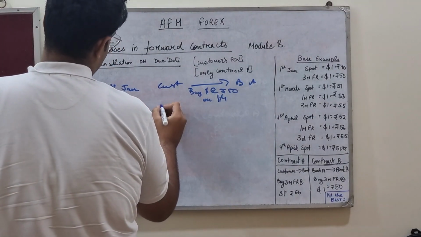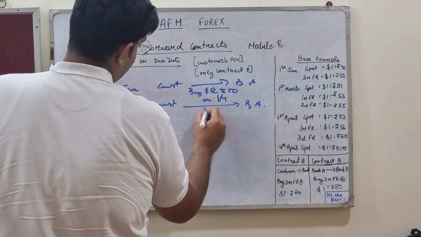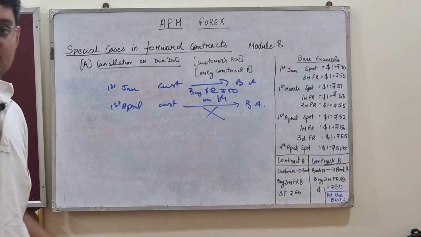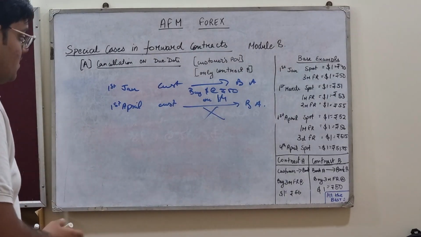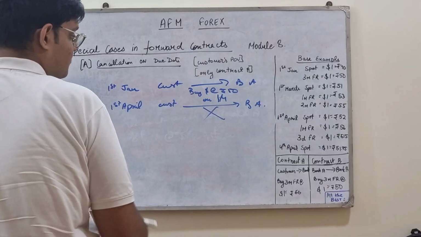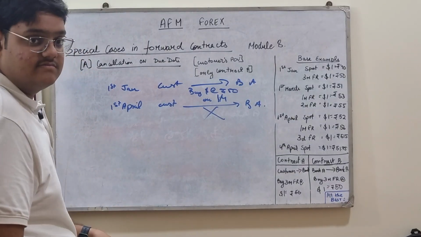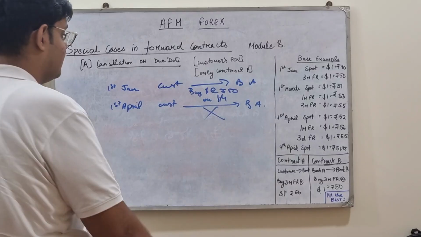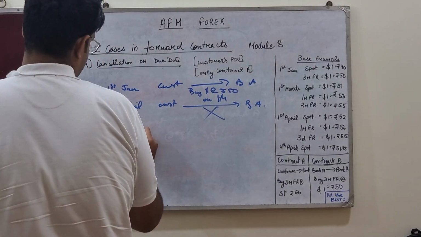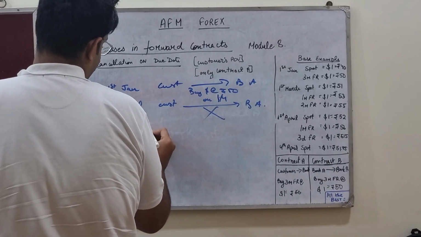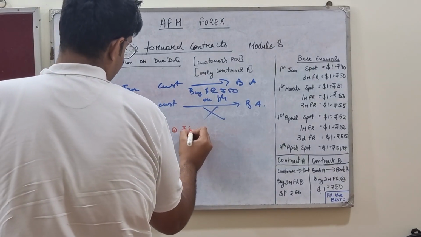On 1st April, customer tells bank A he doesn't want to buy the dollar. So what will bank do? So bank has to cancel the contract, but there has to be some amount of transaction that has to occur in order to facilitate that. So what's going to happen is the original contract, the original position was buy dollar at rupees 50.